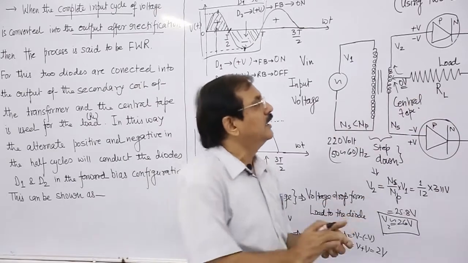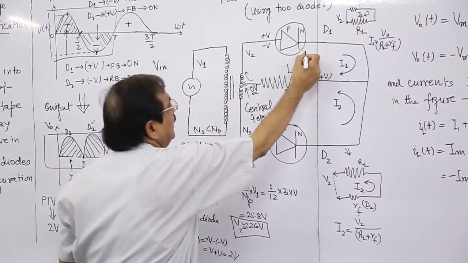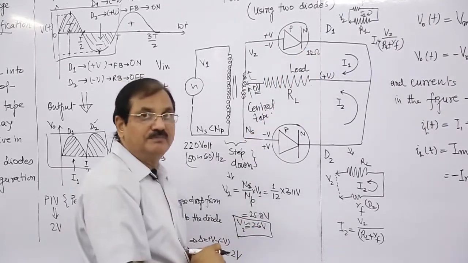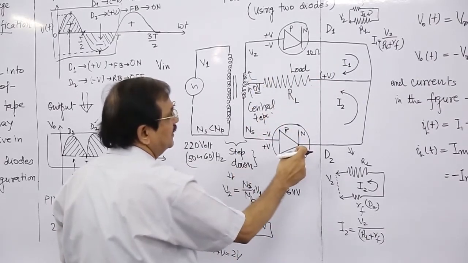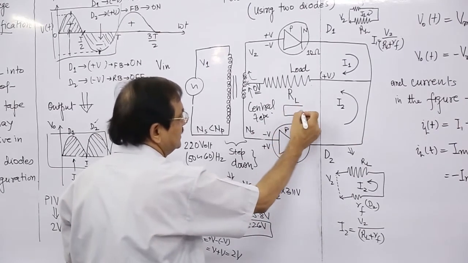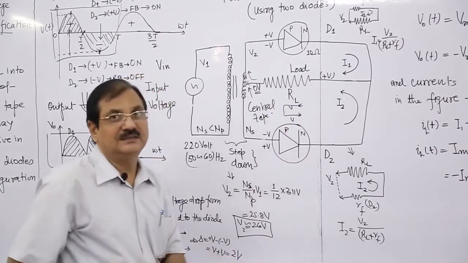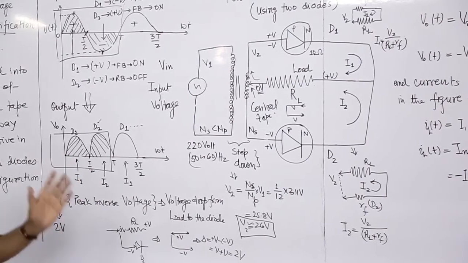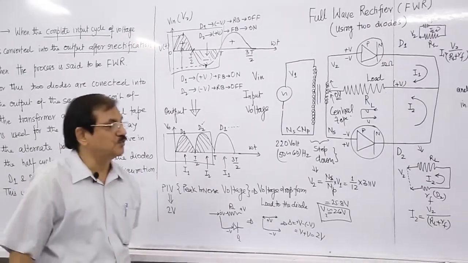This is the load, and this voltage is V positive, because the load is hardly 10 ohm, so the drop is very small. The complete voltage is here, then the load, and in this way this V and this V give the value 2V. This is the peak inverse voltage. This is a very important concept, and you have to understand it, because it is very confusing as well.